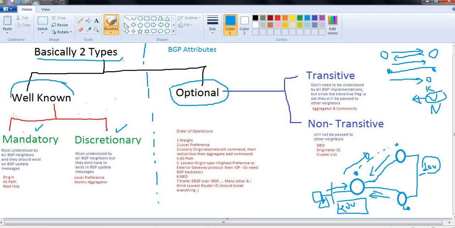These types of attributes are called mandatory attributes. So these mandatory attributes must be understood by all BGP neighbors, and they should exist in a BGP update message.